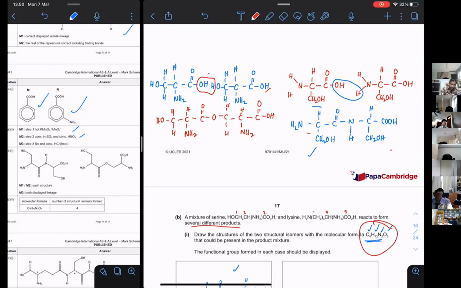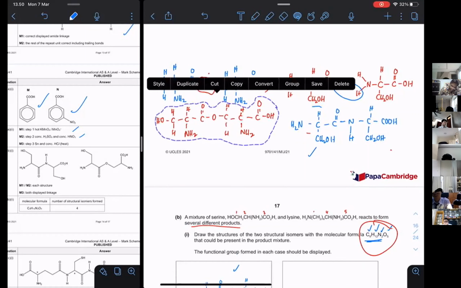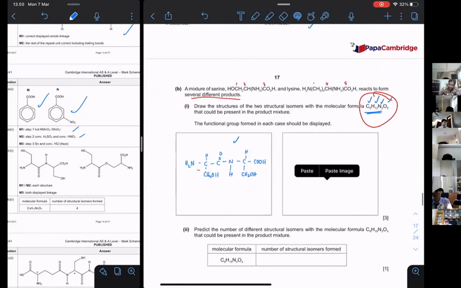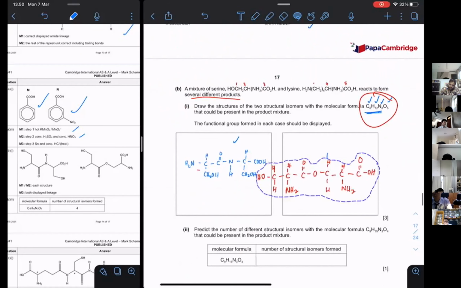So this is the answer. This is another one that they want. This one I have to think a bit more.